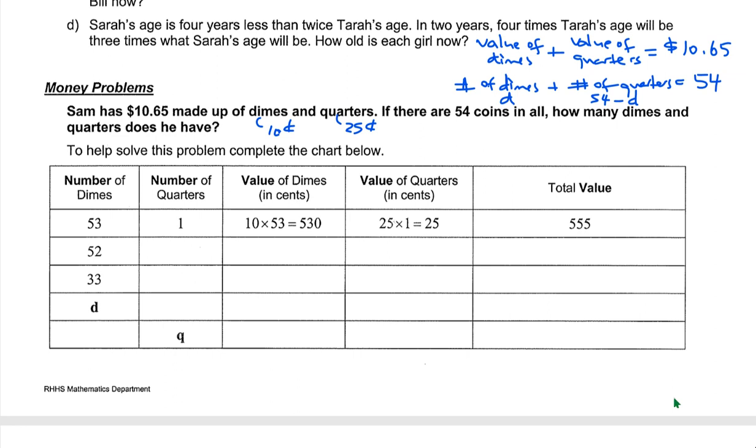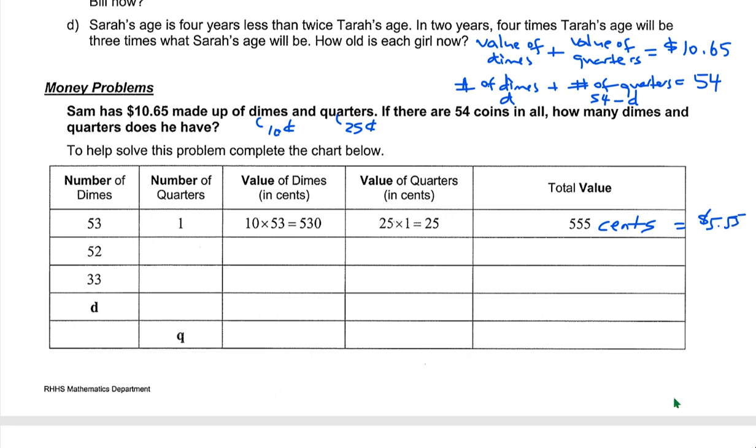What is the total value of your money? Well, you have 10 cents times 53 dimes. That's 530 cents. And the value of quarters, well, you have 1 quarter, that's 25 cents. Add it up, you get 555, this is cents. Okay, now what if you have 52 dimes?